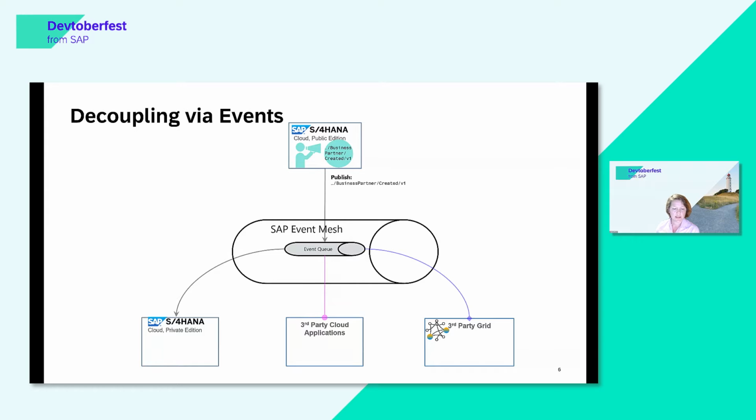For instance, when the S/4HANA Public Cloud Edition tenant emits a business event following the creation of a new business partner, it can trigger follow-up processes in the consuming system. If none of the consumers express interest in this event, it may either disappear or remain in one of the queues.